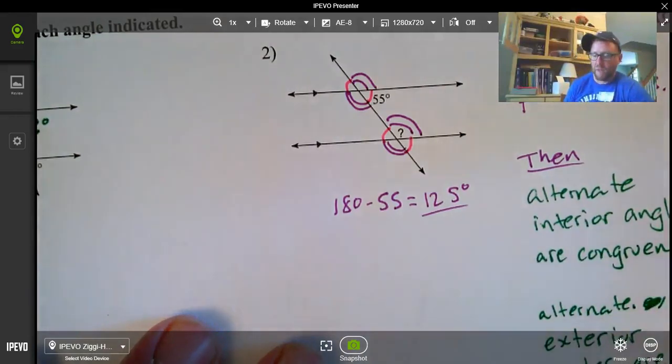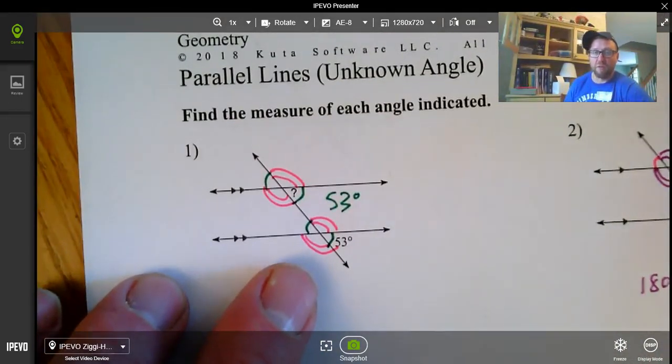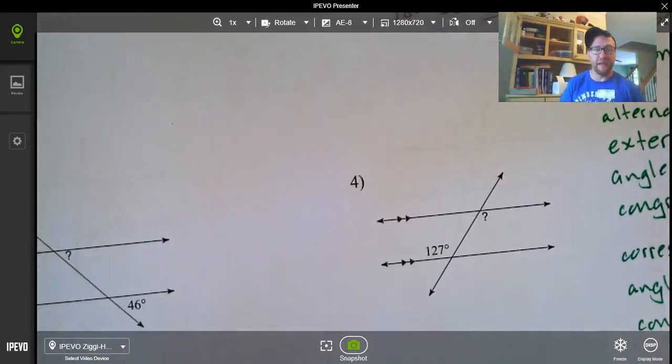Now, in this case, these are same side interior angles. They're supplementary. You might just know that as a fact. And these two are corresponding angles, and they're congruent. You might just know that as a fact. But you don't have to remember the names if you just remember that zigzag pattern.